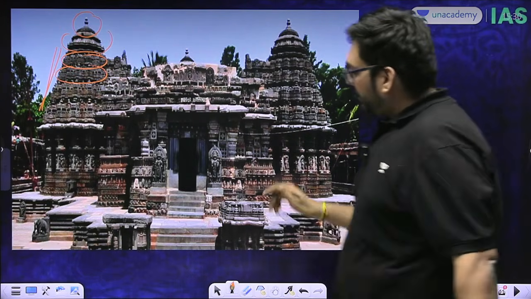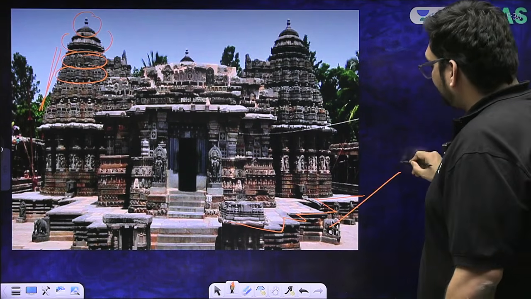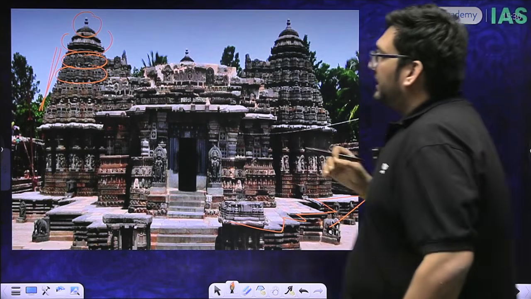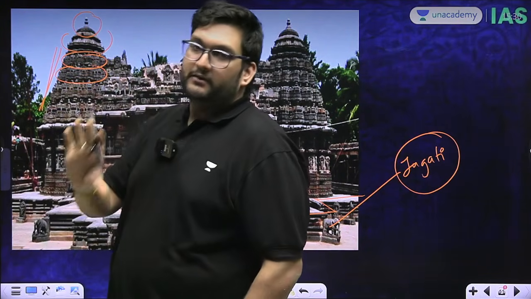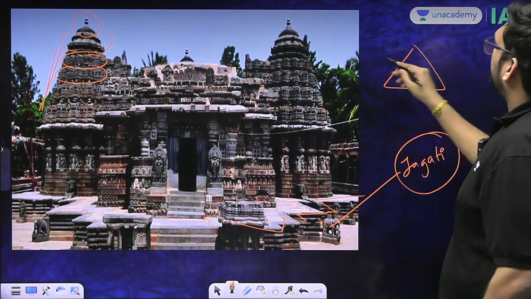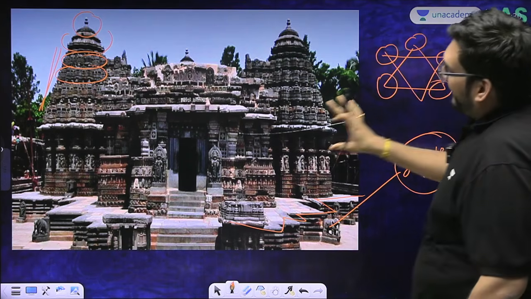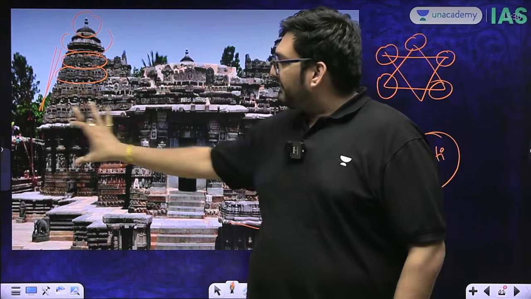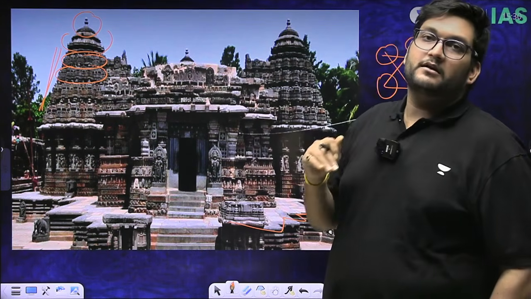Black basaltic rock. This is very, very important. The zigzag design. This is called Jagati. Jagati, when used in the context of Vesara, is very specific, very short platforms. You have zigzag design, Jagati, stellate plan, which is a star-like plan, and you have black basaltic rock, very beautiful sculpture, but the decorative pattern, the iconography is Dravida, structures are Nagara.